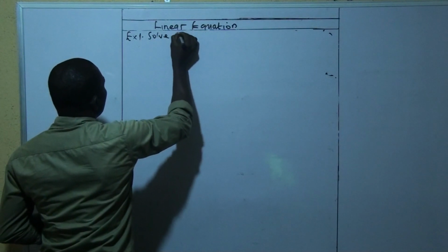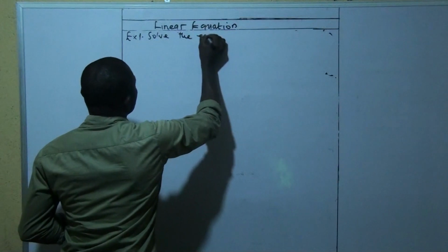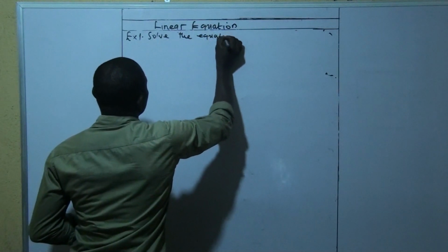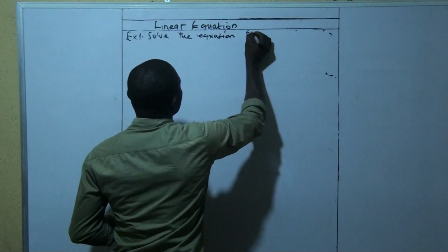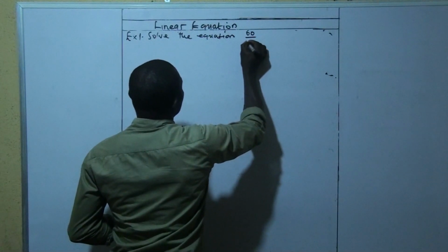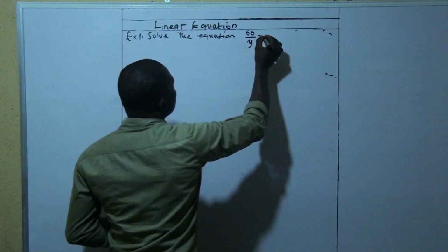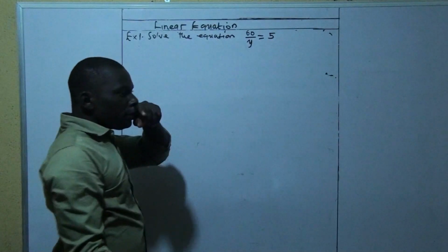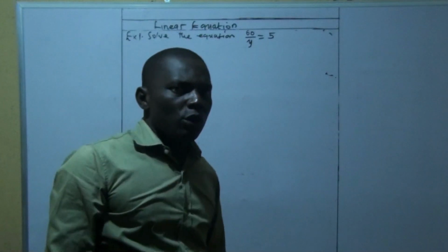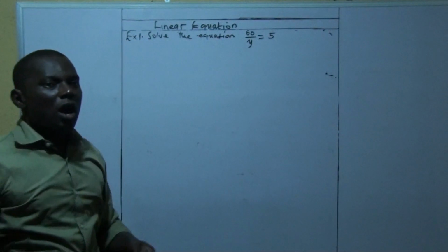Solve the equation 6 over y equals 5. If you are faced with this kind of situation, how do you resolve it?